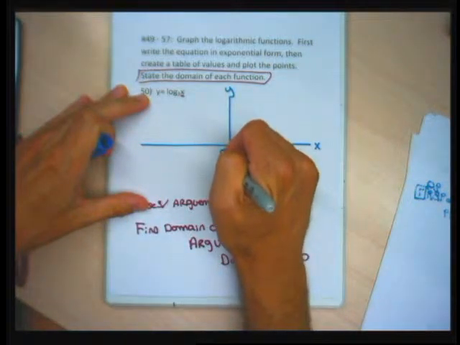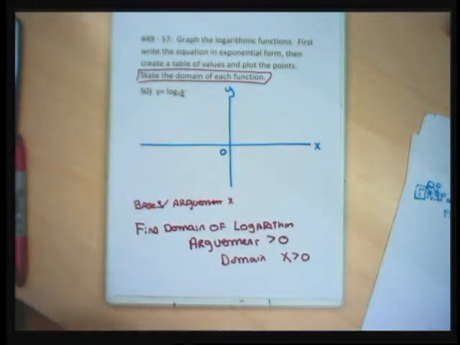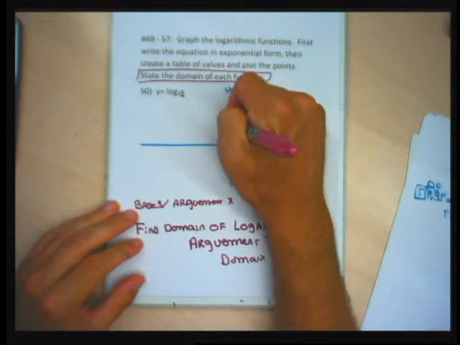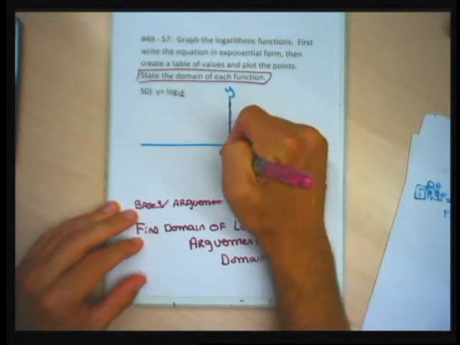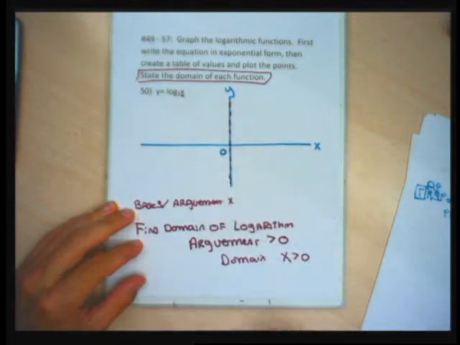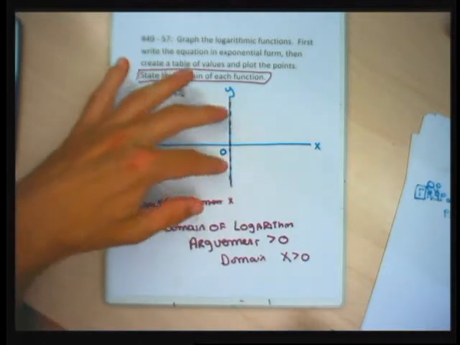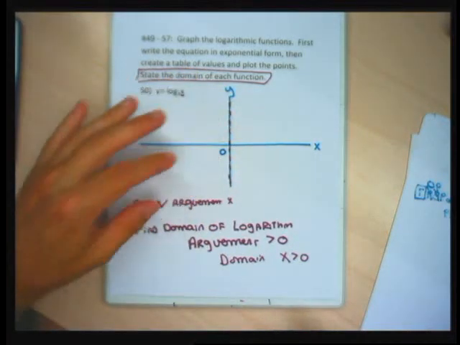So I'm going to find 0 on the x-axis, and I'm going to go to that 0, and I'm going to draw a dashed line. The graph is only going to exist to the right of x equal to 0 and won't touch this line. It'll only be to the right of this line.